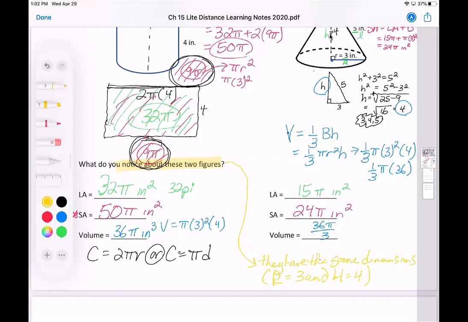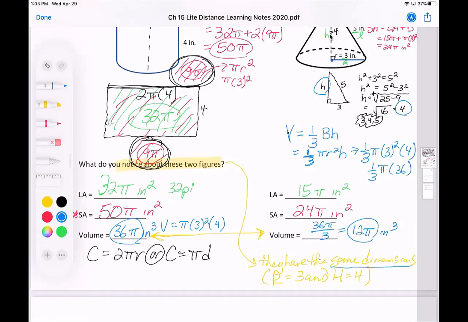And because they have the same dimensions, the volume of the cylinder is 3 times bigger than the volume of the cone. If we simplify this, you could see this is 12 pi cubic inches, whereas this one was 36 pi cubic inches. So when you have the same dimensions, the cone is going to be 1/3 the volume of a cylinder with the same dimensions. That's the formula.